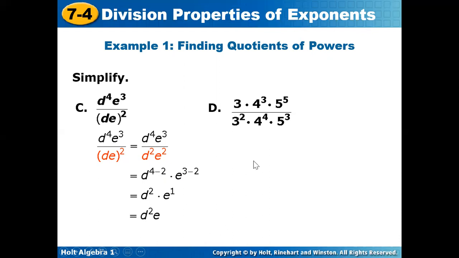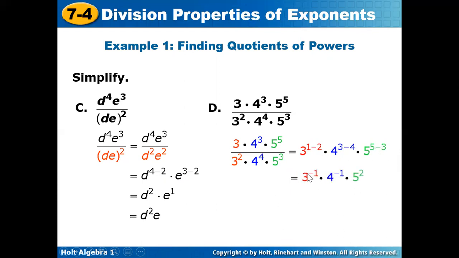And over here, we're also doing our subtraction, right? 3 to the 1 minus 2, 4, you have to keep the bases together, times 4 to the 3 minus 4, times 5 to the 5 minus 3. So we get 3 to the negative 1st, 4 to the negative 1st, and 5 to the positive square, right?